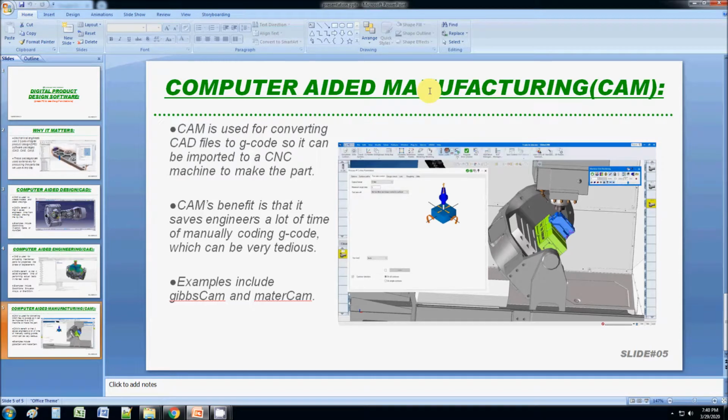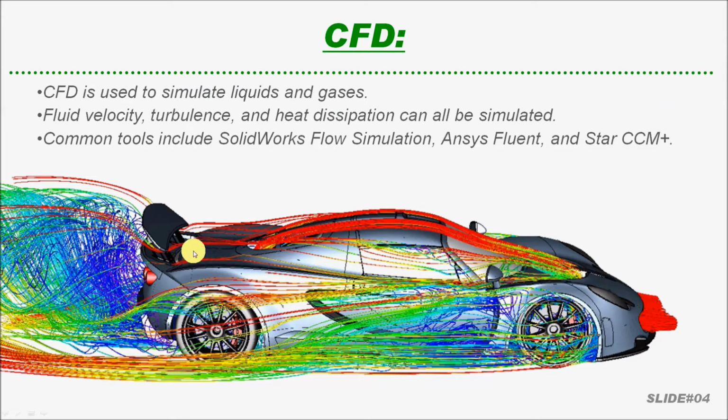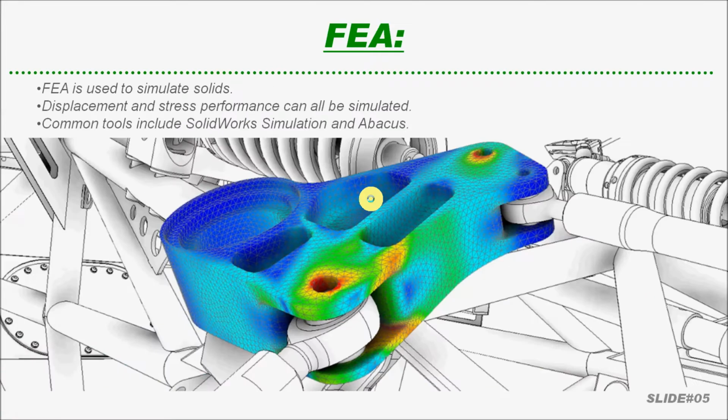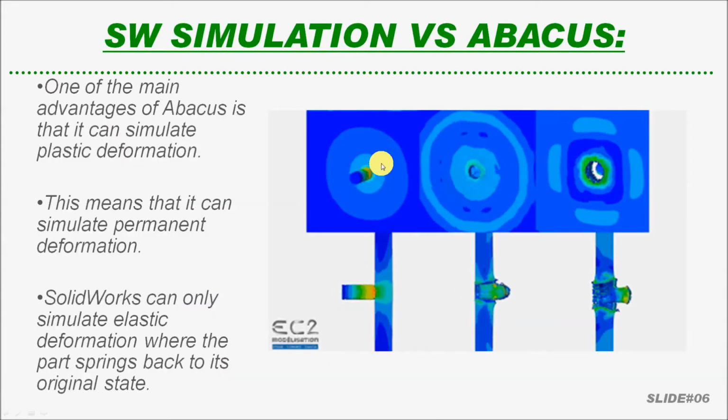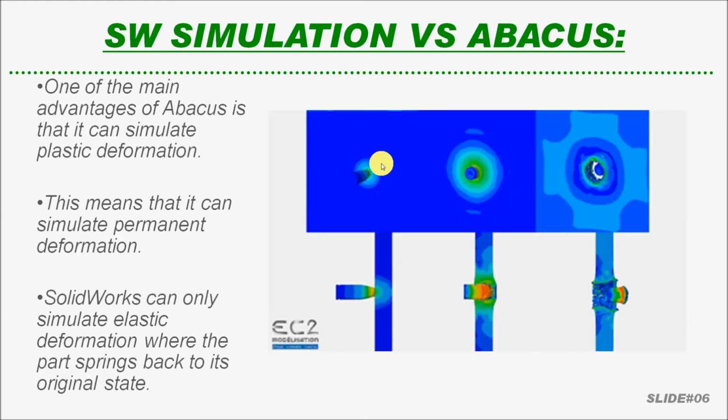Again, like I said, CFD is to simulate fluids, and Star CCM is the Ferrari version of this. Okay, there's also flow simulation. And then you also have FEA, which is to simulate solids. SolidWorks simulation is the generic tool, and then Abaqus is the Ferrari version of this.